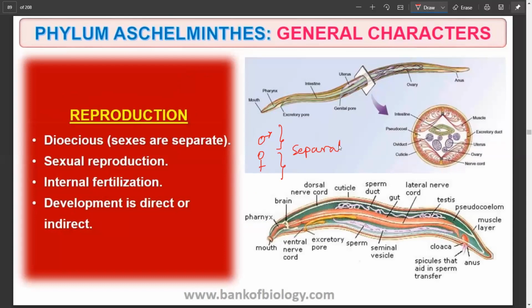They are dioecious, and they undergo the sexual mode of reproduction. Fertilization here is internal, and development can be through an intermediate larval stage, or it can be direct without any larval stage.